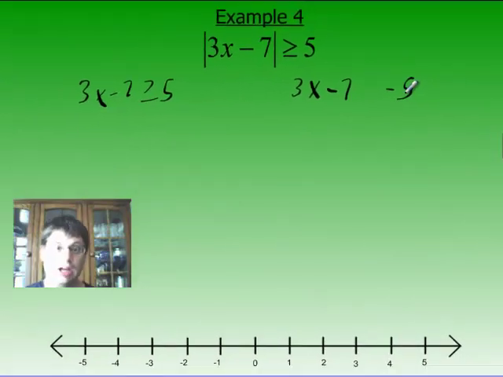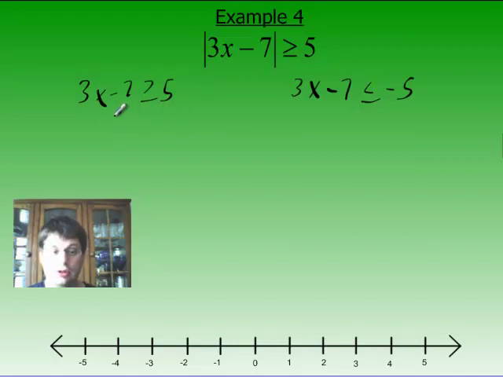But remember, I just changed the sign on the -5. That's like multiplying by a -1 on the right side. So that means we have to change the inequality sign. We're going to have to flip that around in order to maintain a true statement.